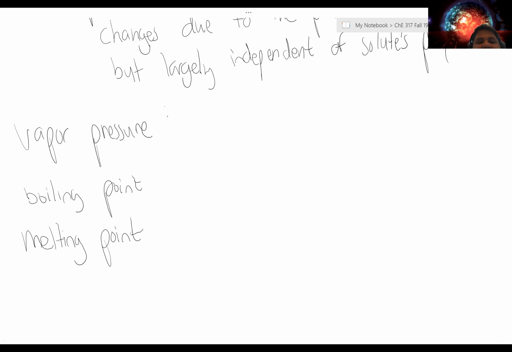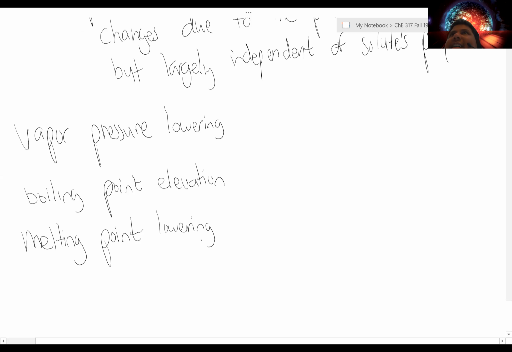And so what we have is vapor pressure lowering, boiling point elevation, and melting point lowering. And what that tells us is that the vapor pressure of a solvent in a solution is lower due to the presence of dissolved solids.